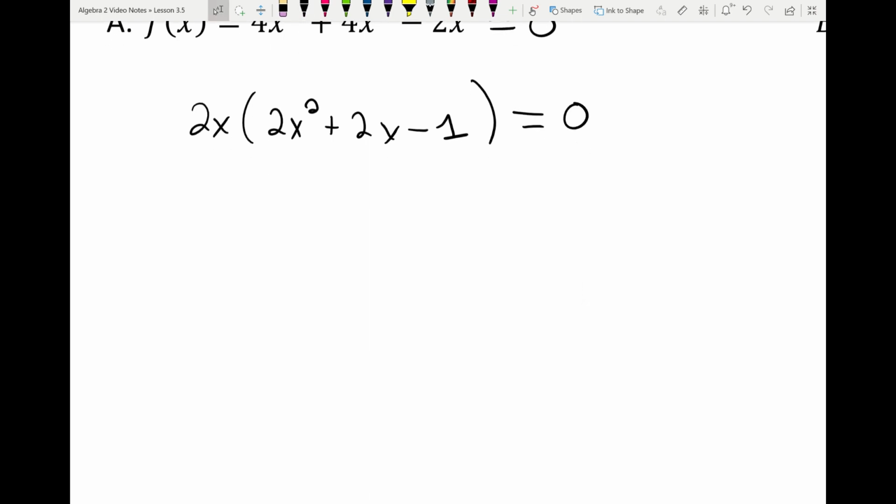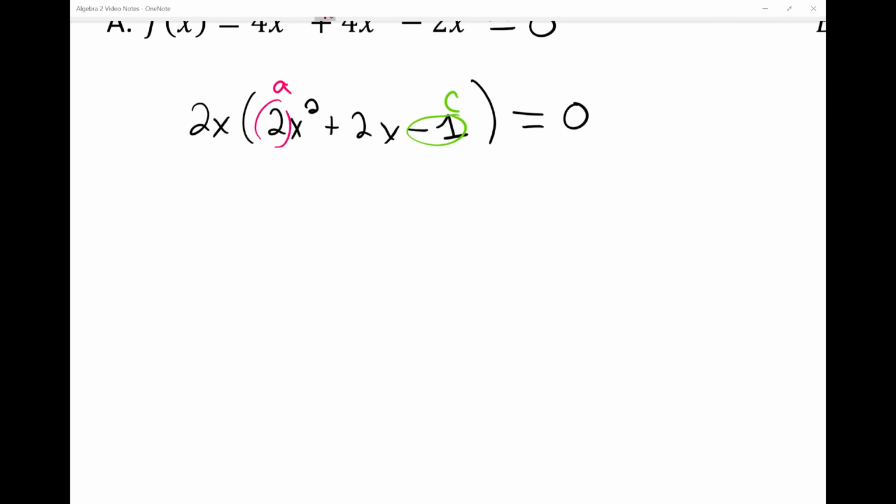And then we're going to use the zero product property, right? Well, first off, before we use the zero product property, let's see if we can factor this even more. So this is going to be an AC method, it seems. So we have to review the AC method. We have A, and then we have C. So A is 2, C is -1.